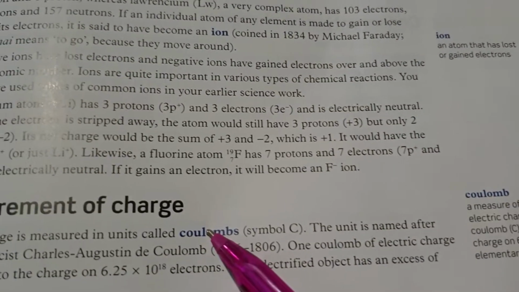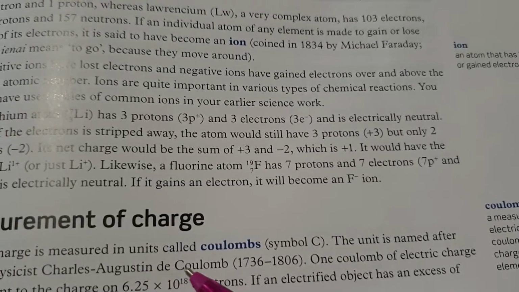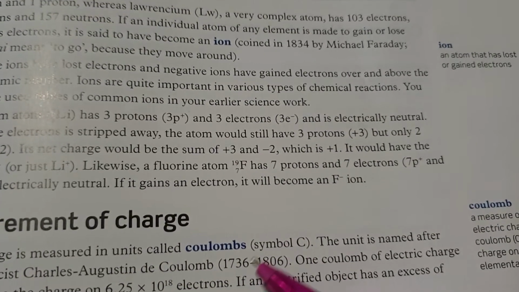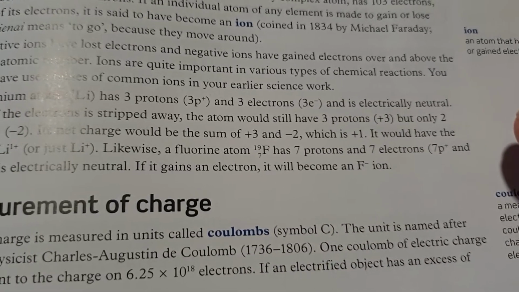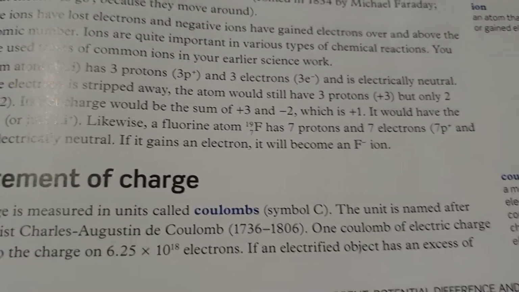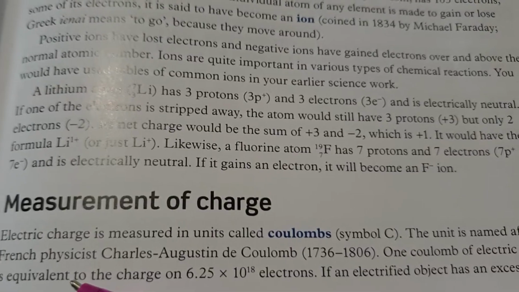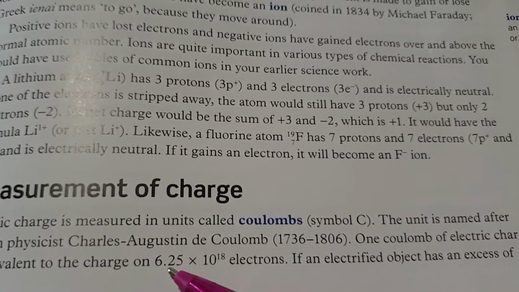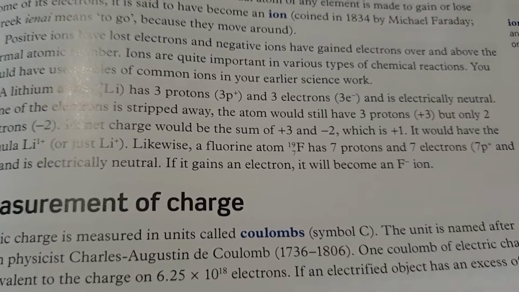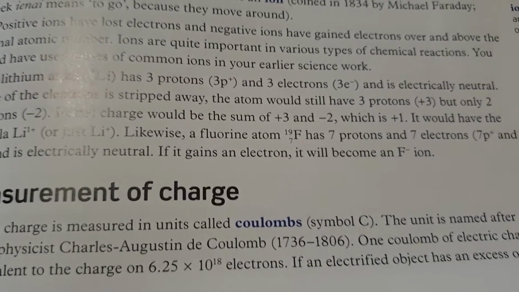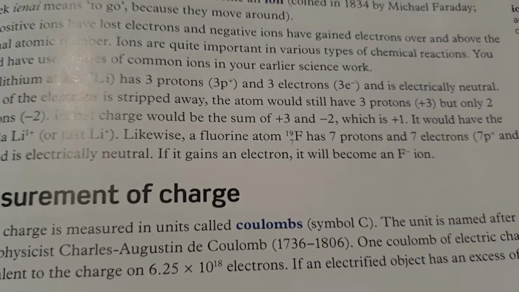That's named after the scientist Charles Augustin de Coulomb. And because it's named after a scientist, it gets a capital C. 1 coulomb of electric charge is equivalent to the charge on 6.25 by 10 to the 18 electrons. And that actually is a pretty significant charge in real life.